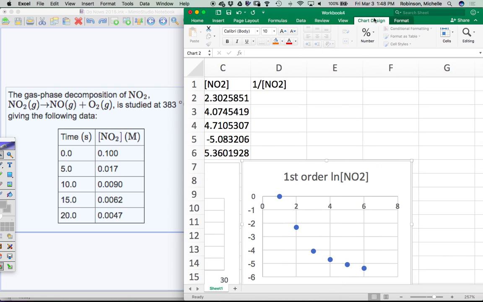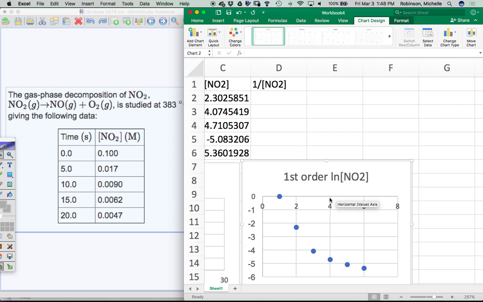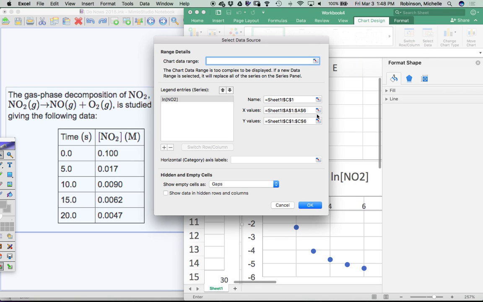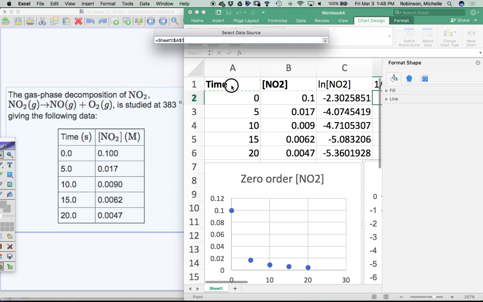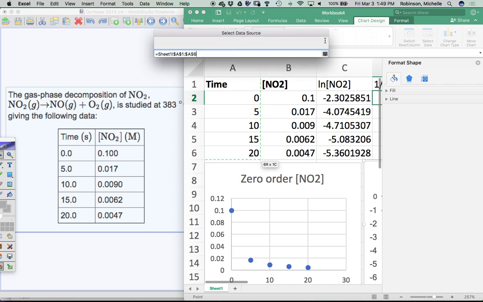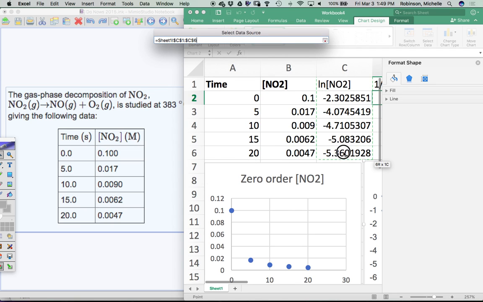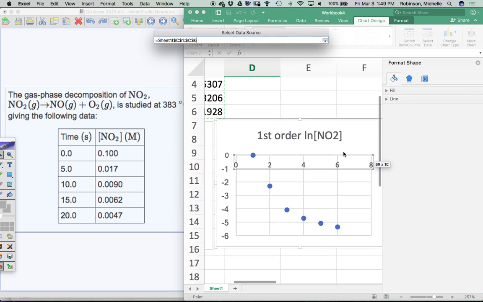Let me see. Did I pick X? No, my X is my time. Mine goes down. Is that 1 over 1502?